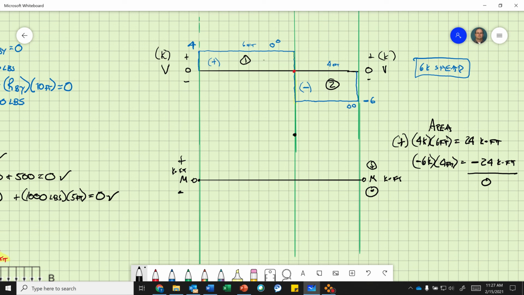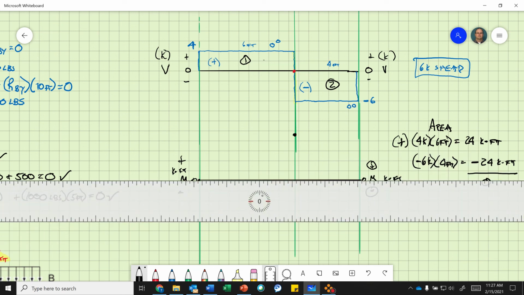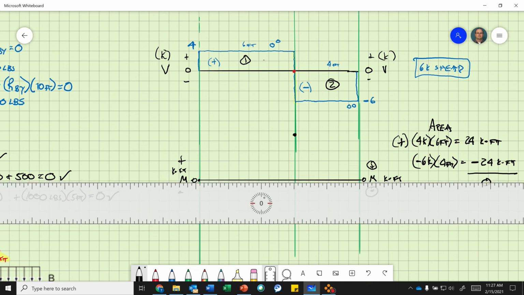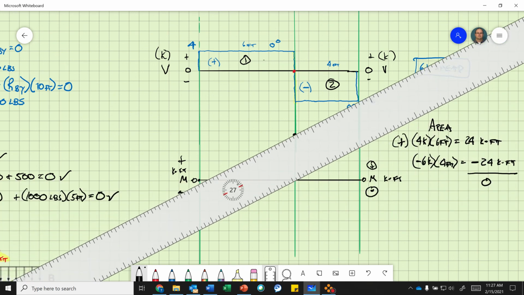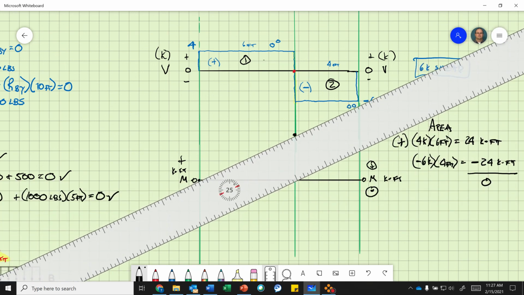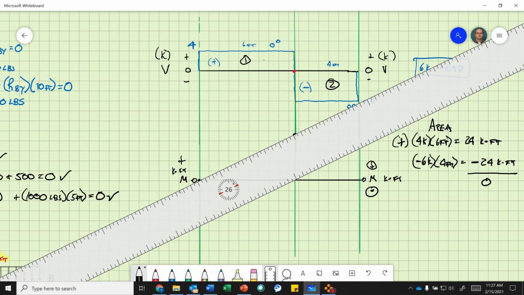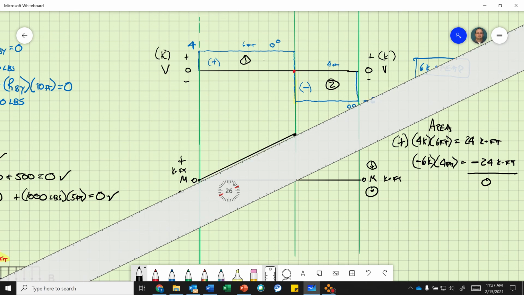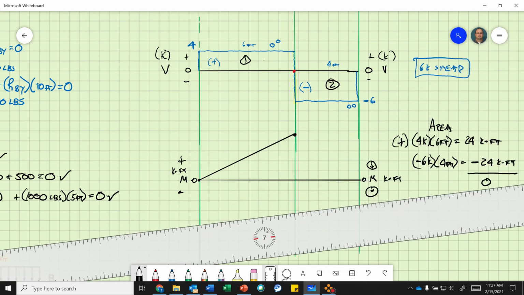Okay. Now I need to draw a straight line. Now, if I look, because this is a positive shear, it's above my 0 line, I know my slope has to be positive. So it's up and to the right, and it's a 1-degree curve. So it has to be a triangle.